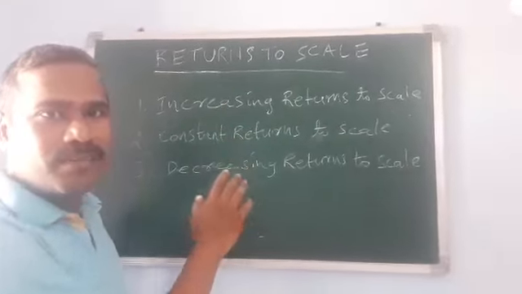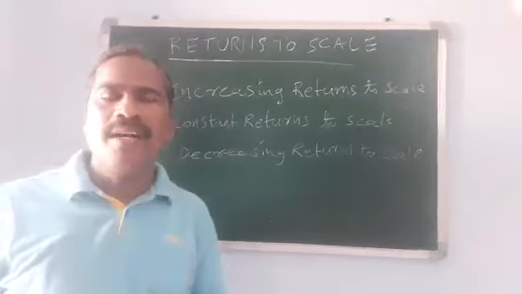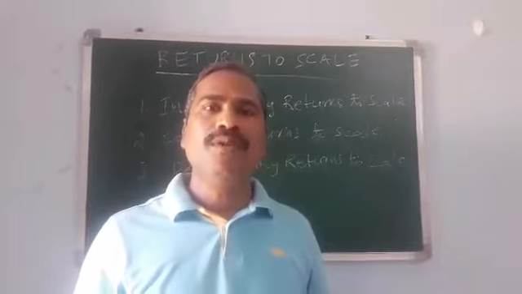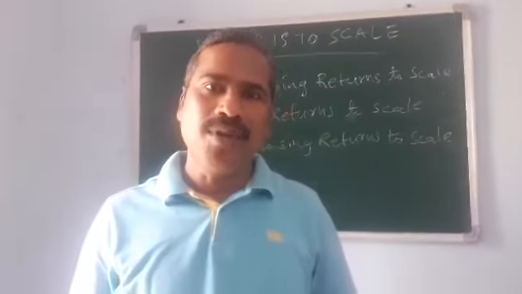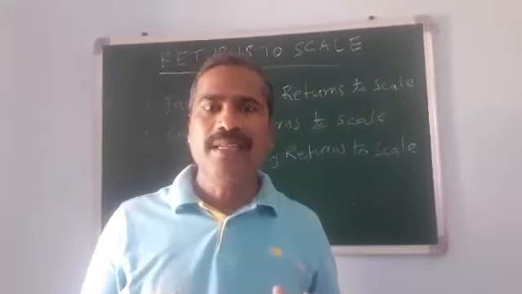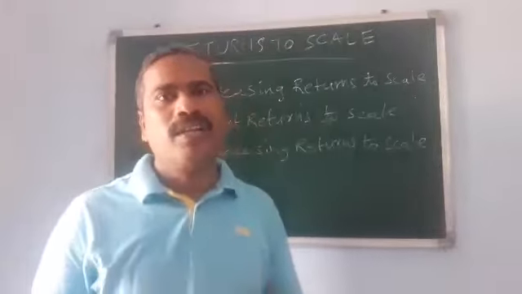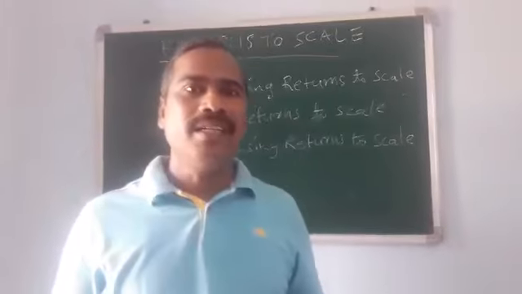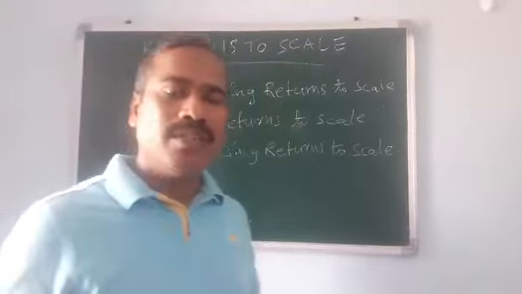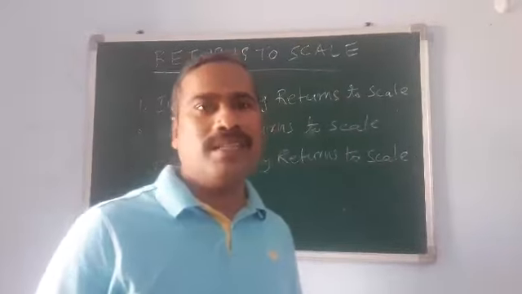That means, for example, if the production factors increase by 10%, we will get more than 10% increase in the production. Okay, are you understanding my point? If you increase production factors by 10%, we will get more than 10% of the production.